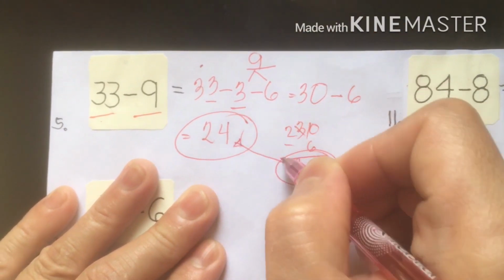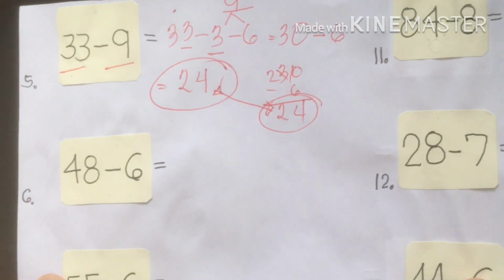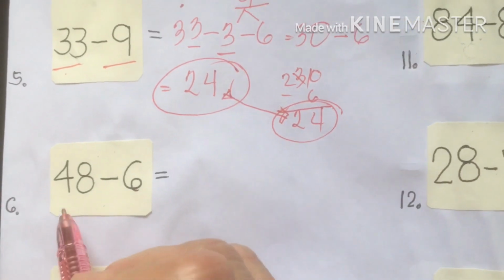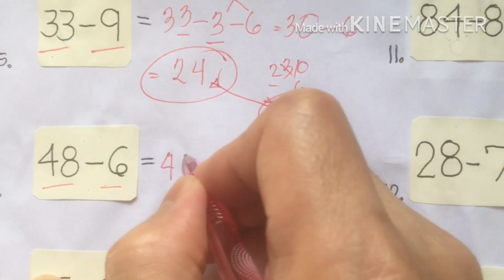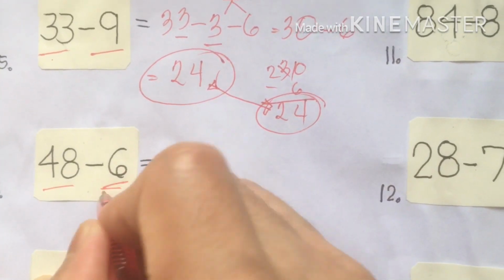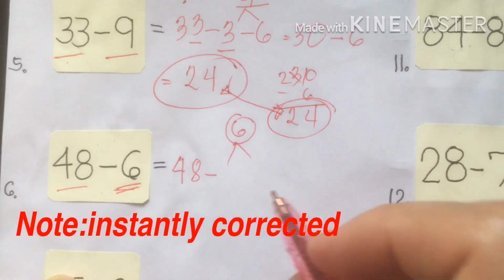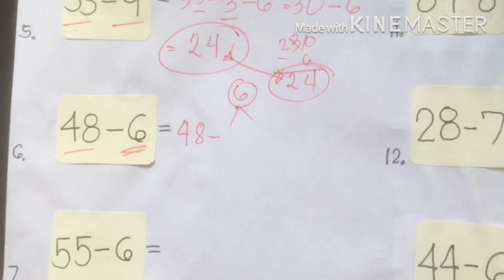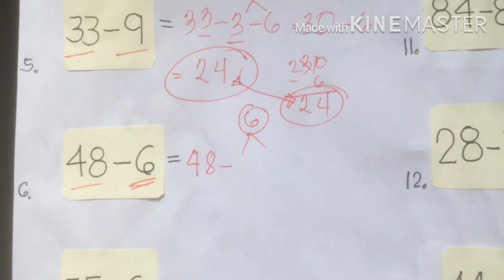Okay, it should be the same. I want every answer to be detailed. Next, 48 minus 6. So all you have to do, guys, is write 48, then break number 6.